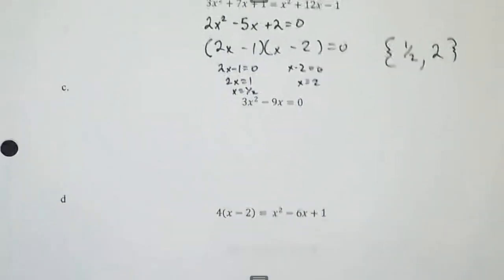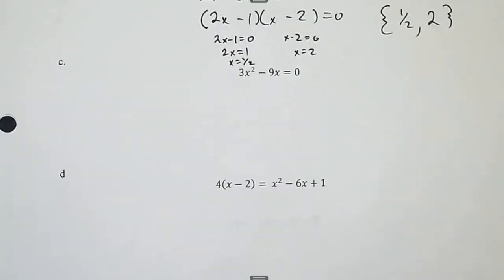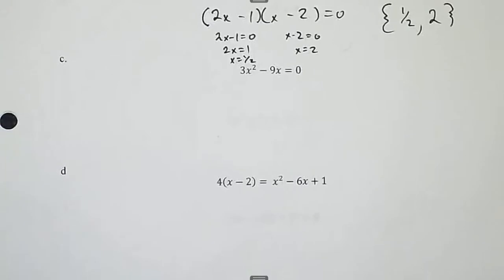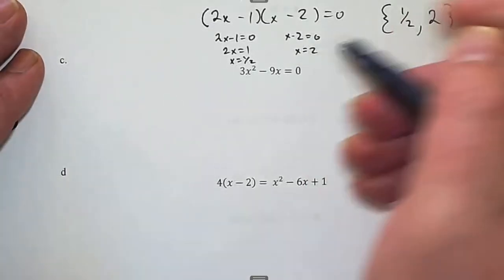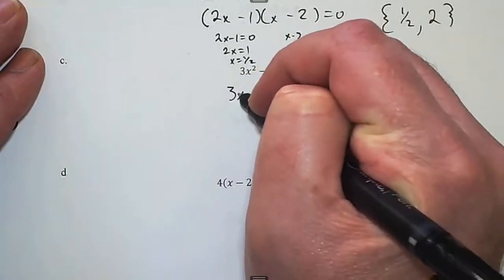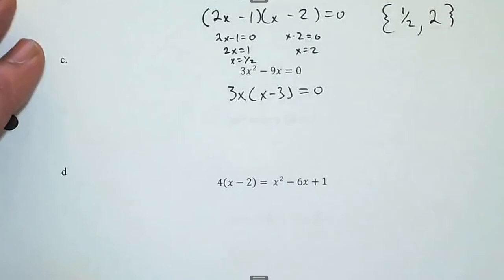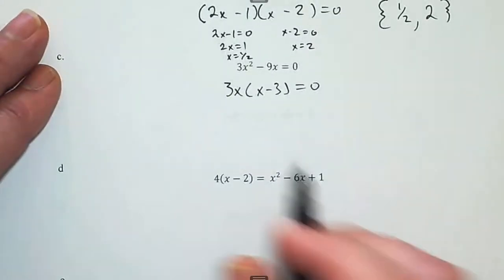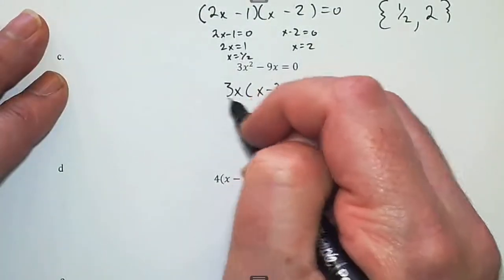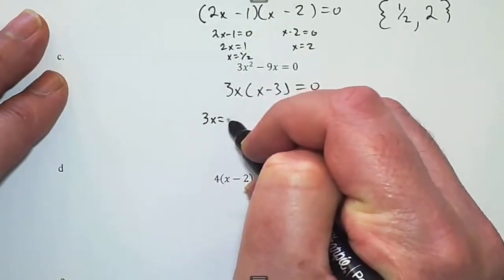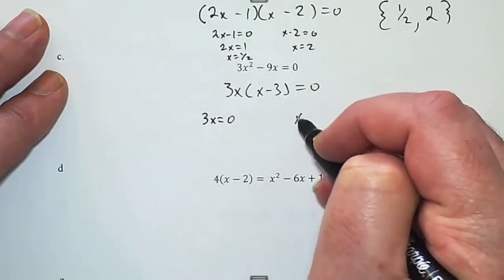All right, we'll take a look at the next one. 3x squared minus 9x equals 0. So it's already equal to 0. That's good. That part's done for us. We do have to factor it. I'll factor out a greatest common factor of 3x. Remember, always check for GCF first. Then I'll set each factor equal to 0. So this 3x will set it equal to 0, and this x minus 3 will set it equal to 0.